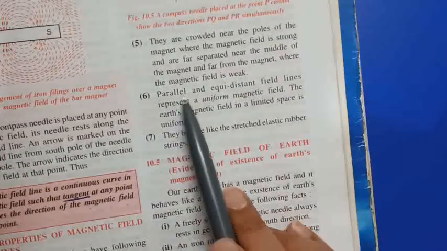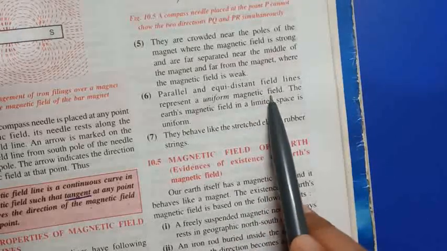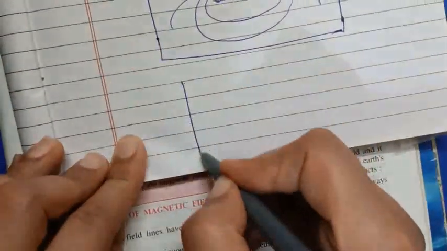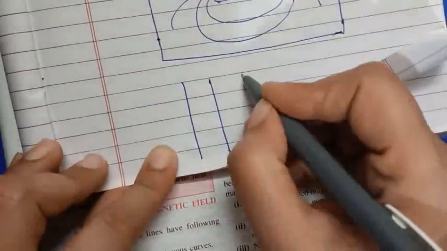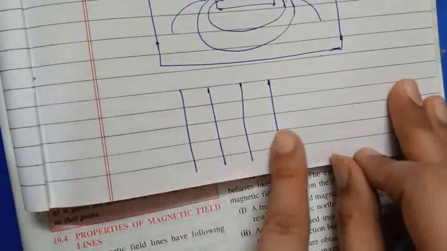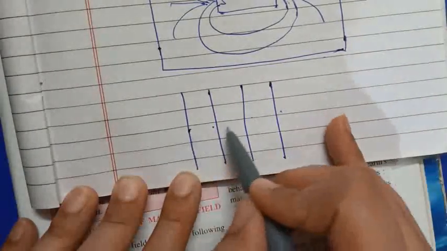Next property, parallel and equidistant field lines represent a uniform magnetic field. If the magnetic field lines are parallel and equidistant, like this. These are the magnetic field lines and they are parallel to each other. And they are equidistant.